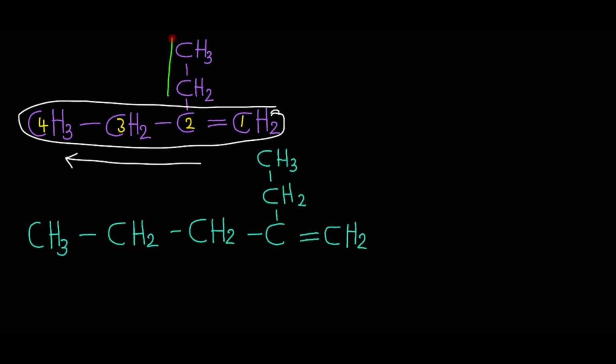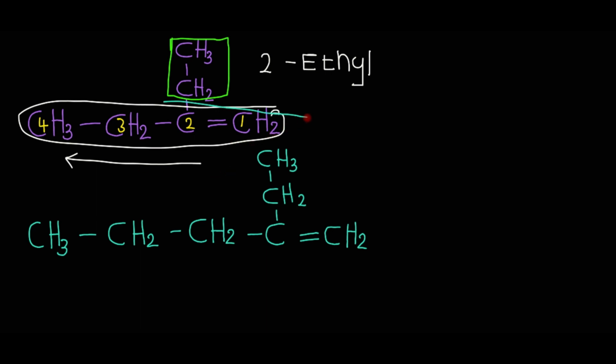And then the substituent is on carbon number 2, and in this case the 2-carbon substituent is ethyl. So now let's name the substituent: this ethyl substituent is on carbon number 2, so 2-ethyl. And now let's find the root. The root is the longest chain, 4 carbons.